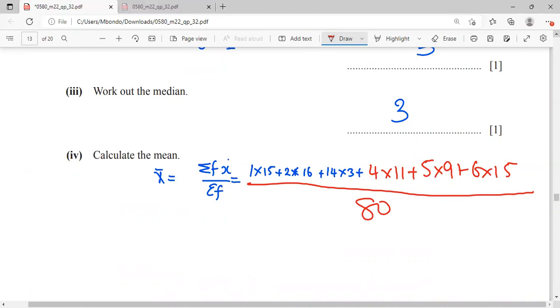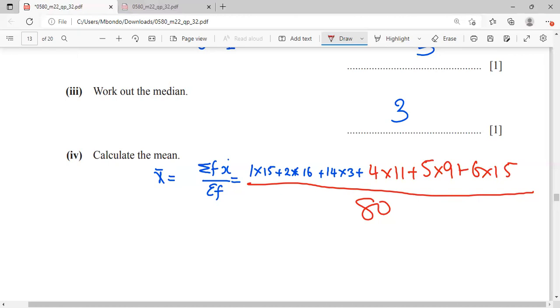We have 15 plus 2 multiplied by 16 plus 14 multiplied by 3 plus 4 multiplied by 11, plus 5 multiplied by 9 plus 6 multiplied by 15.